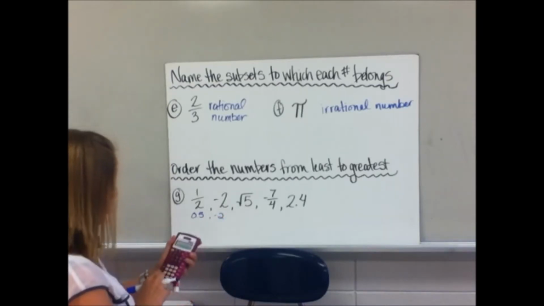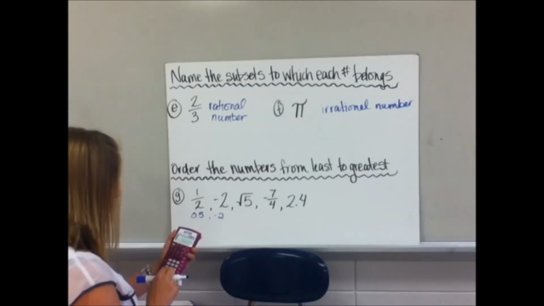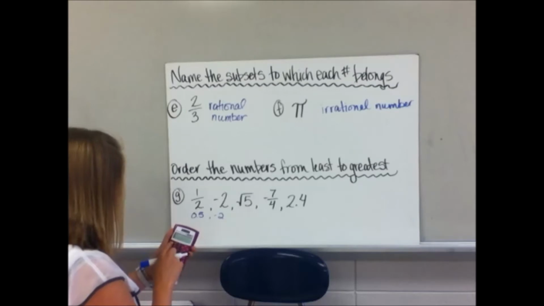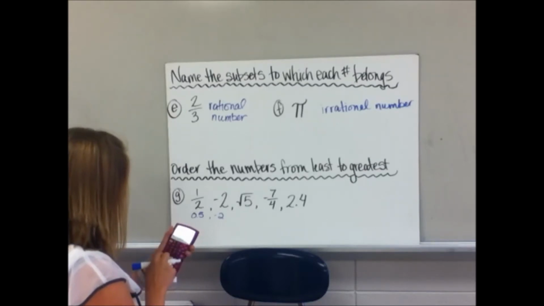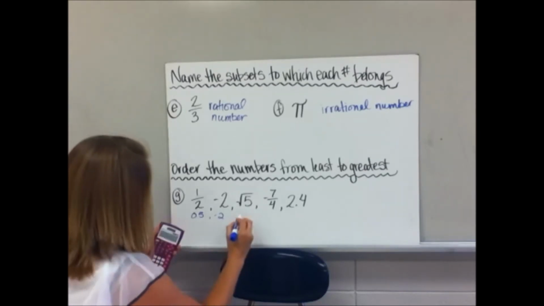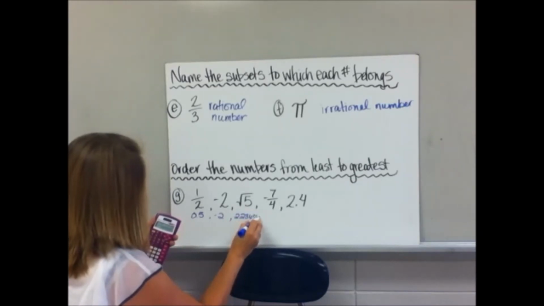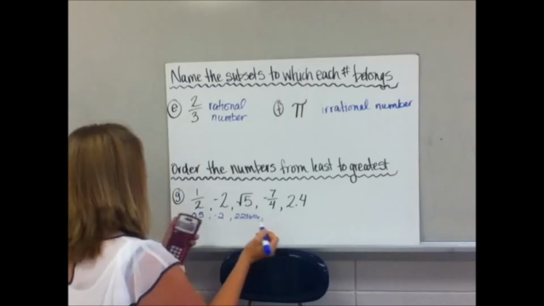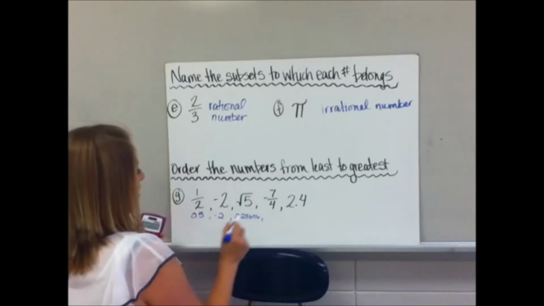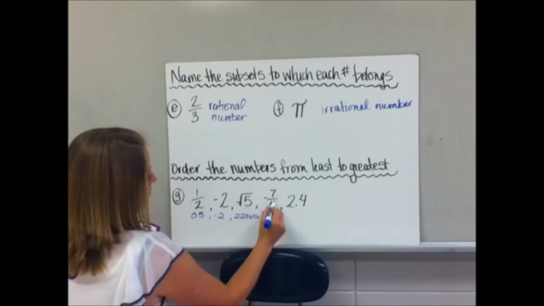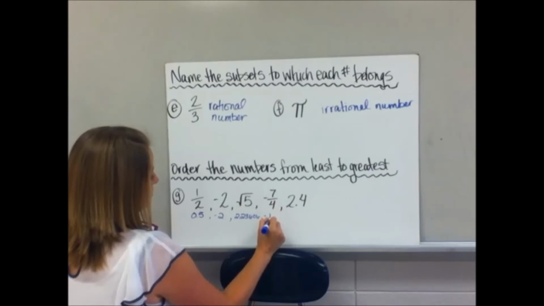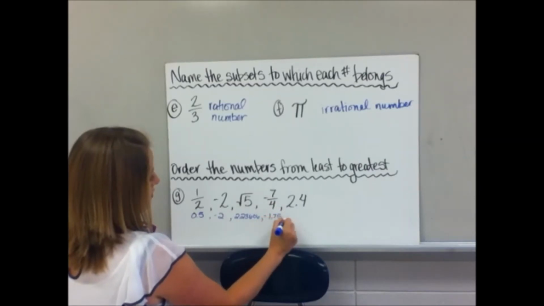The square root of 5, it's going to be 2 point something because I know the square root of 4 is 2. Let's put this in here. It is 2.23606, and it goes on. It's irrational. It's not going to terminate. Negative 7 over 4. Well, 4 goes into 7 once with 3 left over, so that'd be negative 1.75, and then we have 2.4.